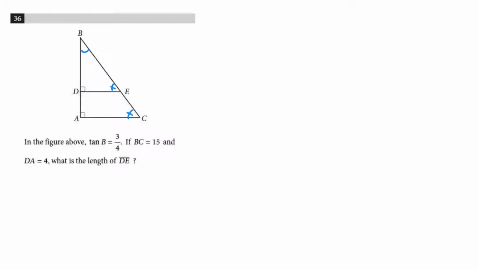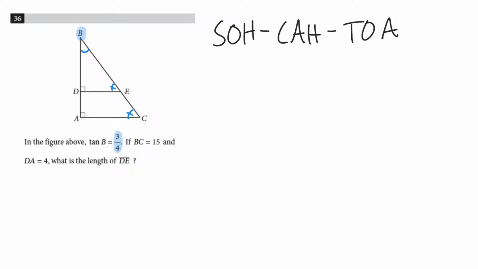Let's see what this is asking. In the figure above, tangent of B is 3/4. Okay, so we know the relationship, tangent. SOHCAHTOA.